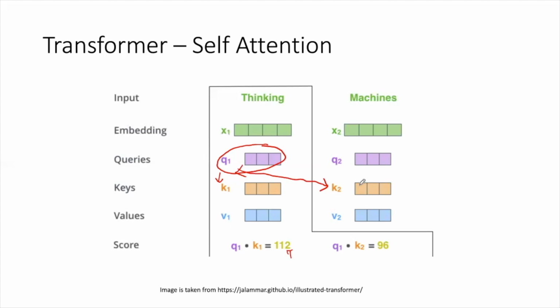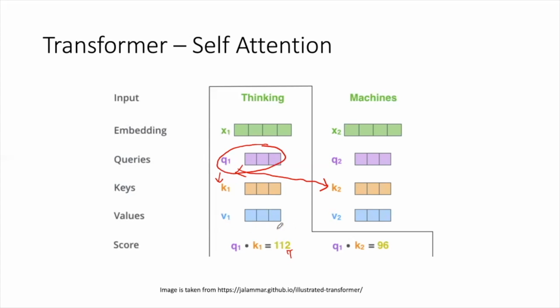So just as we try to retrieve the closest key to our query in a database context, we try to find the closest key vector. The closest key vector is depicted by this dot product. The higher the dot product, the closer the two vectors are. So the relevance of the key vector to the query is represented by the dot product.